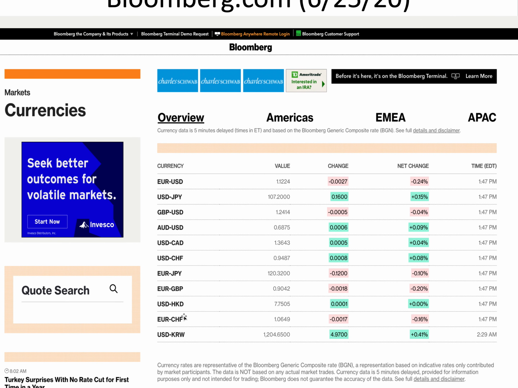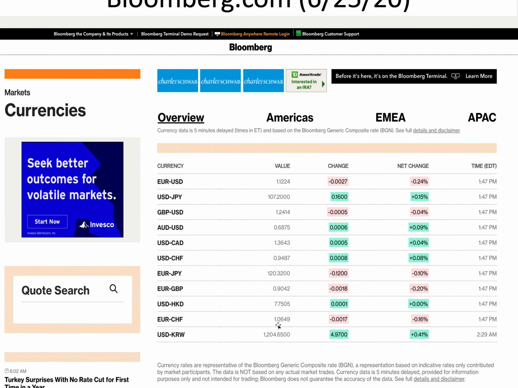Now here, like USD Hong Kong dollars or euro versus Swiss franc, they are pretty close, close to 1%. But what is this number, 1.0649? Is it euro or Swiss franc? Swiss franc, using our method, because the second symbol is the quoted symbol.